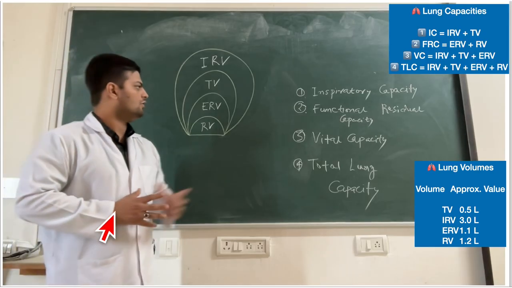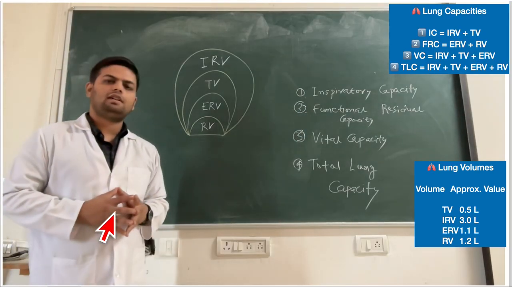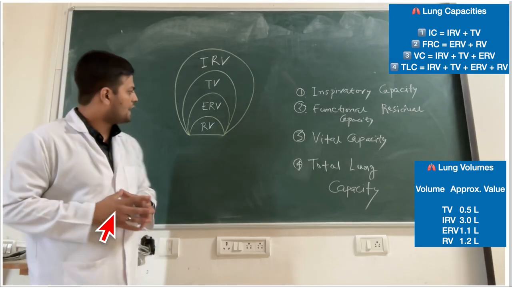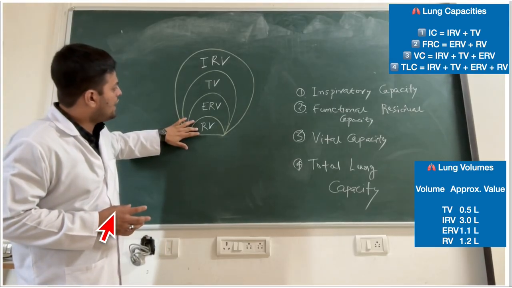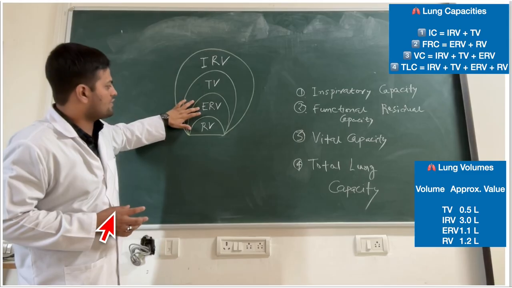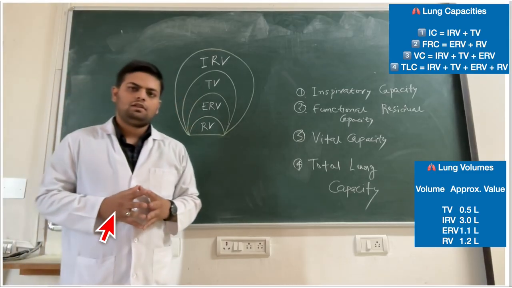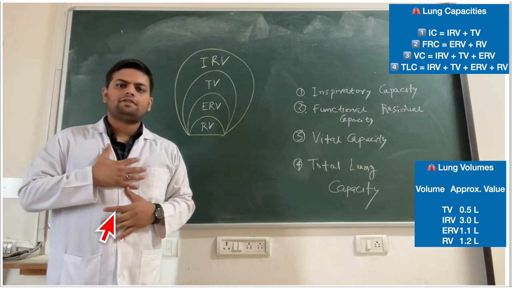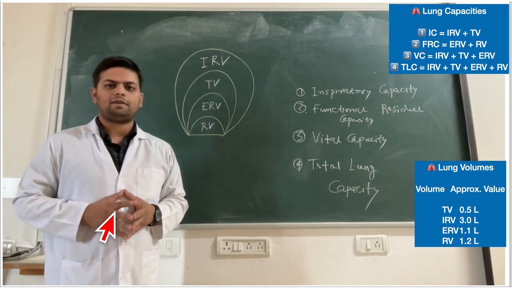Okay, now the second capacity is functional residual capacity. Functional residual capacity comprises residual volume and expiratory reserve volume. It is the volume of air that remains in the lungs after the normal tidal expiration.